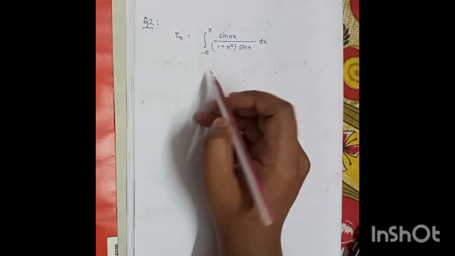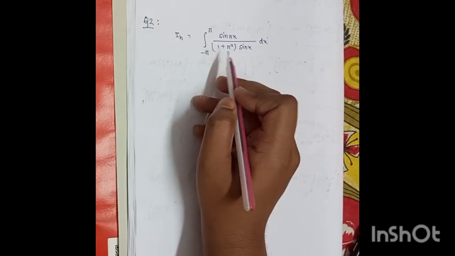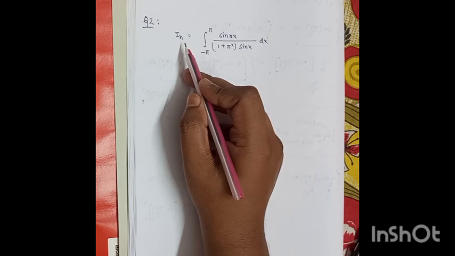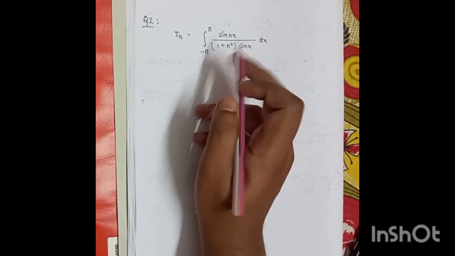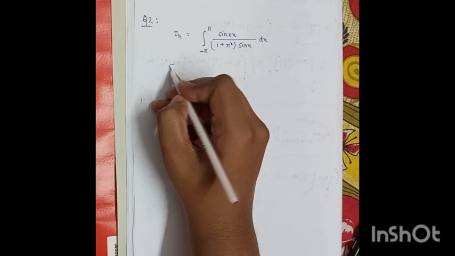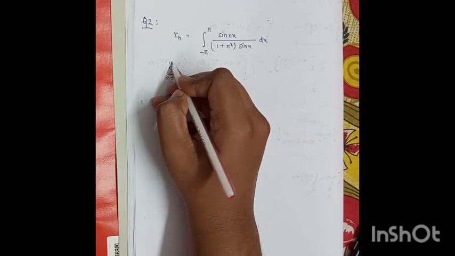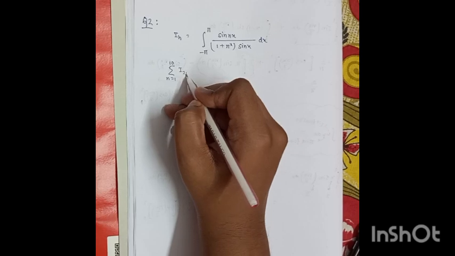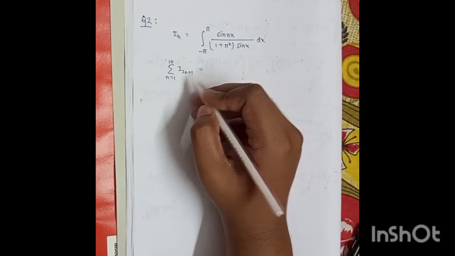So this is the second question that we are going to discuss. In the question we are given that In is equal to this integral. Then we are asked the value of summation n equal to 1 to 10 of I of 2n plus 1. So this will be what?